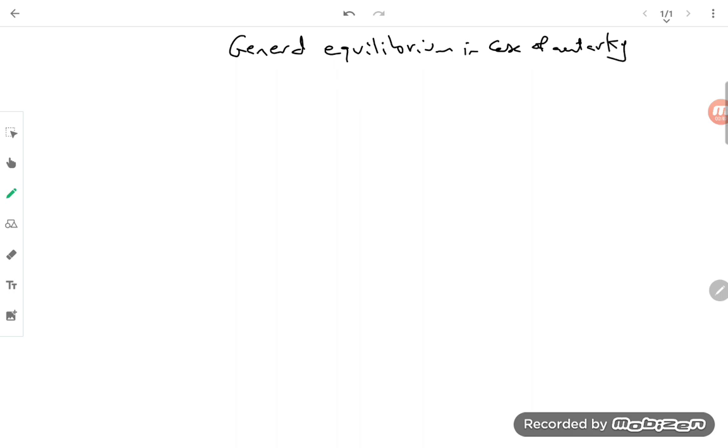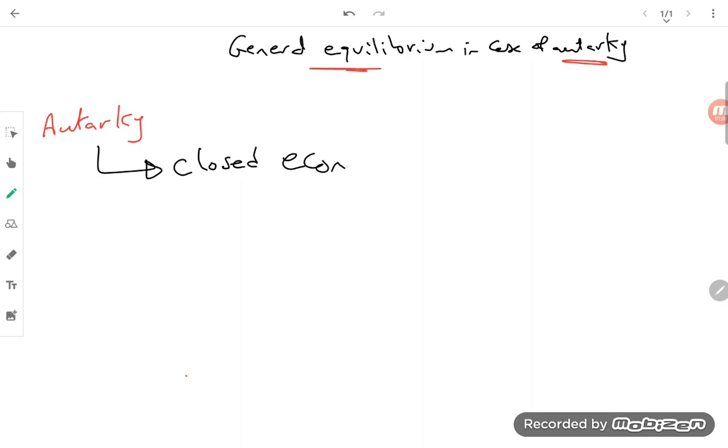In this title, we would like to define two main concepts: what's meant by general equilibrium and what's meant by autarky. Let's start with the word autarky. Autarky means a closed economy, with no international relations with the rest of the world.